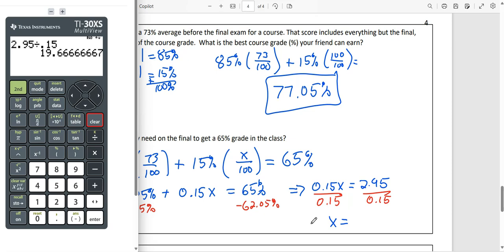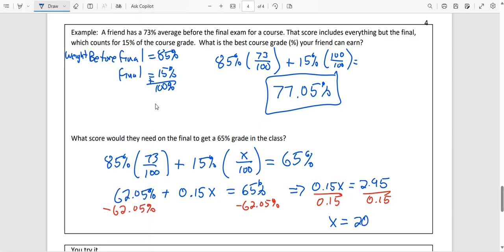So I would say we want to make sure we meet the minimum, so we round up to 20. 20 out of 100. And that'll make sure that they get a 65% and pass the class.